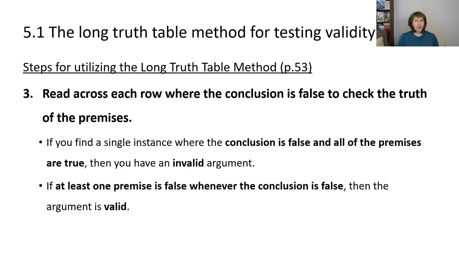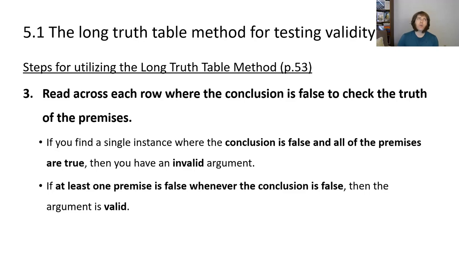Right? Now, what are we not looking for? Well, we're not looking at places where the conclusion is true. In a valid deductive argument, the truth of the premises guarantees the truth of the conclusion. Now, that doesn't amount to the same thing as saying that anytime the conclusion is true, all the premises must be true as well. Right?